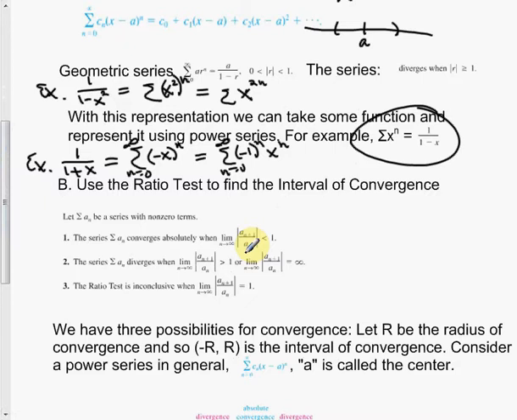If that limit is greater than 1, then we have divergence. And if that limit is equal to 1, then the test is inconclusive. Back in Calculus 2, we said you must apply some other test to determine whether or not it's convergent or divergent.